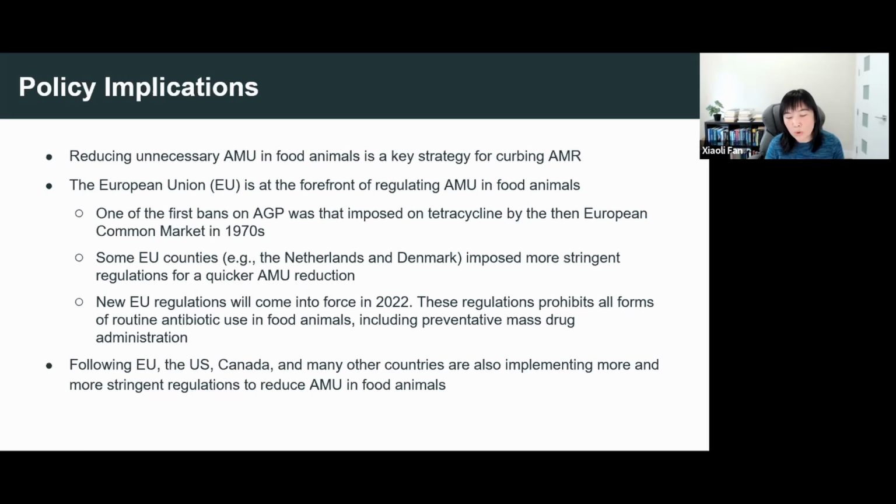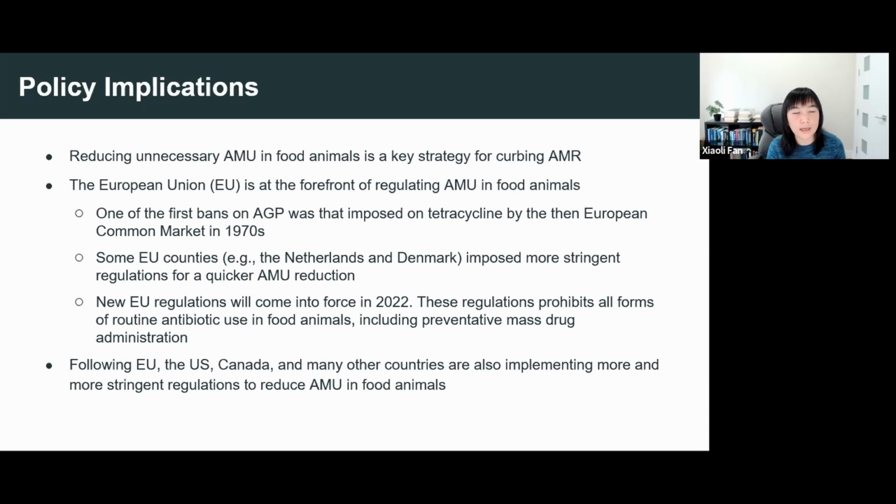Now there are more and more stringent regulations of antimicrobial use in food animals. I mentioned that in Canada, starting from December 2018, all antimicrobial use needs a veterinary prescription.